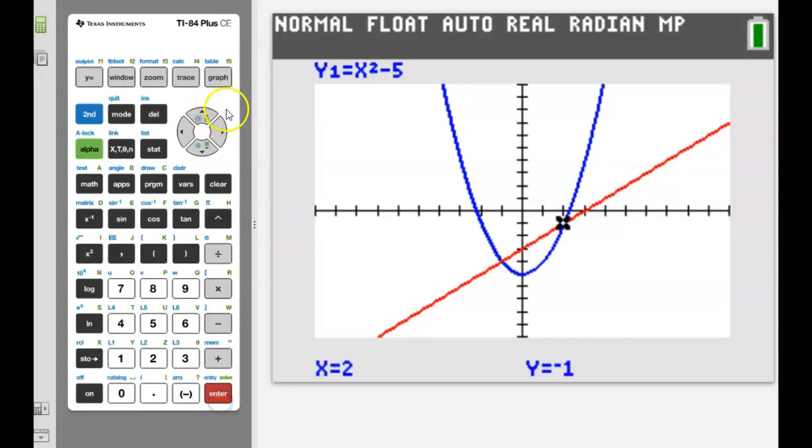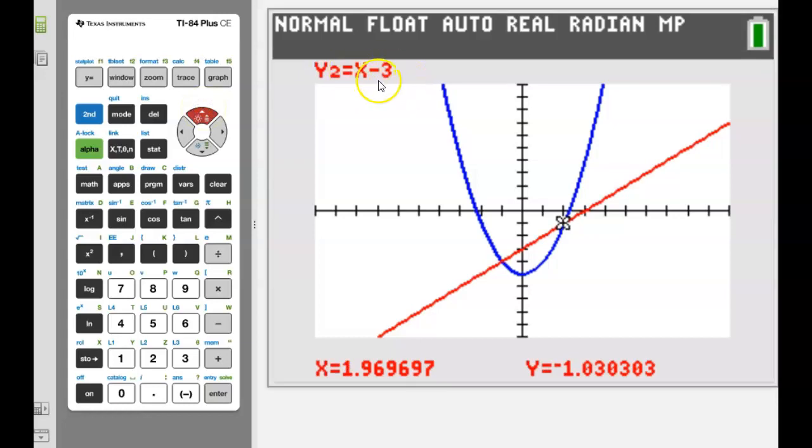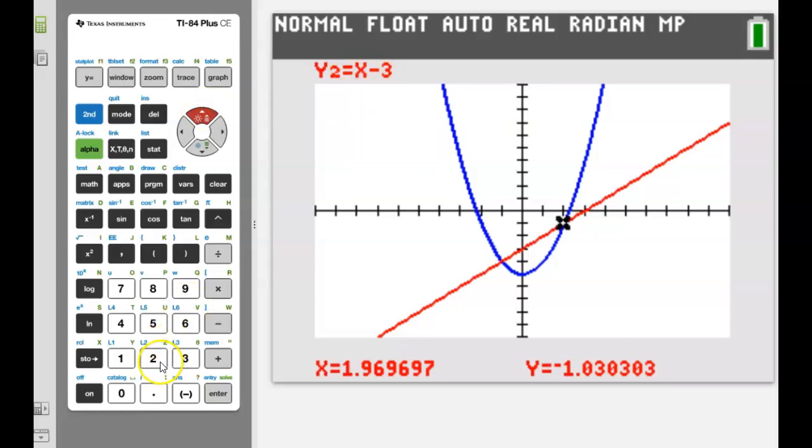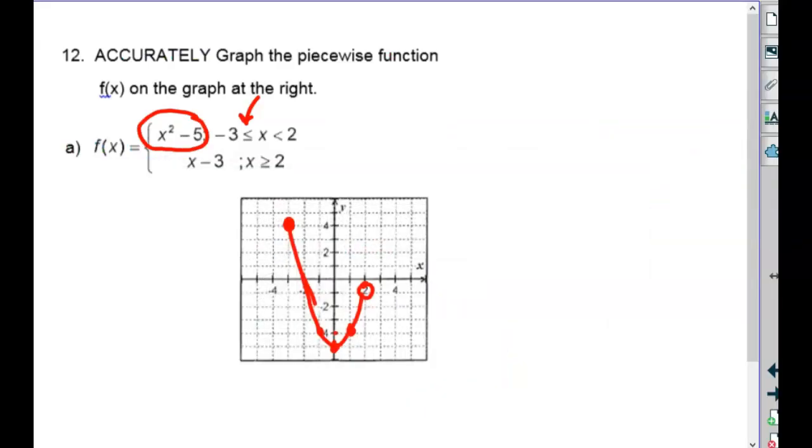I'll hit enter. Well, it might work because they meet at the same spot. I can use the up arrow to make sure I'm on the same line. You said 2? There we go. So 2, -1. What do we do when they start and stop at the same spot? Yeah, you just fill it in. You don't have to tell me one started and the other stopped because it was the same spot. And what is the slope of that line doing, guys? Up 1 over 1.